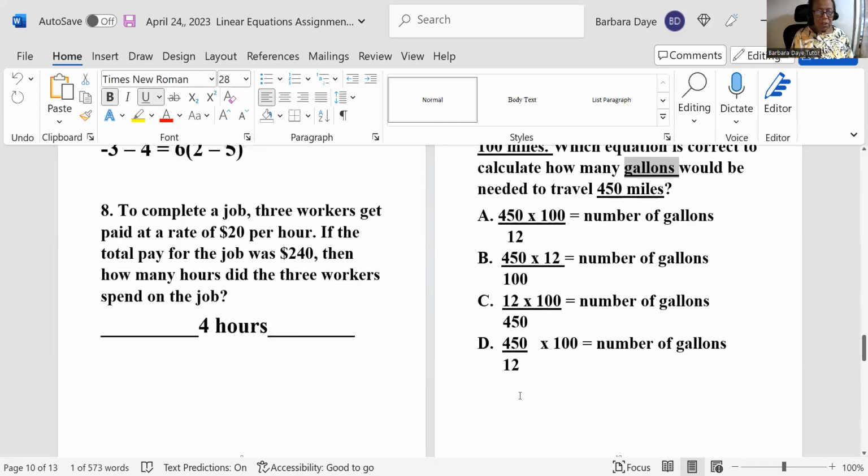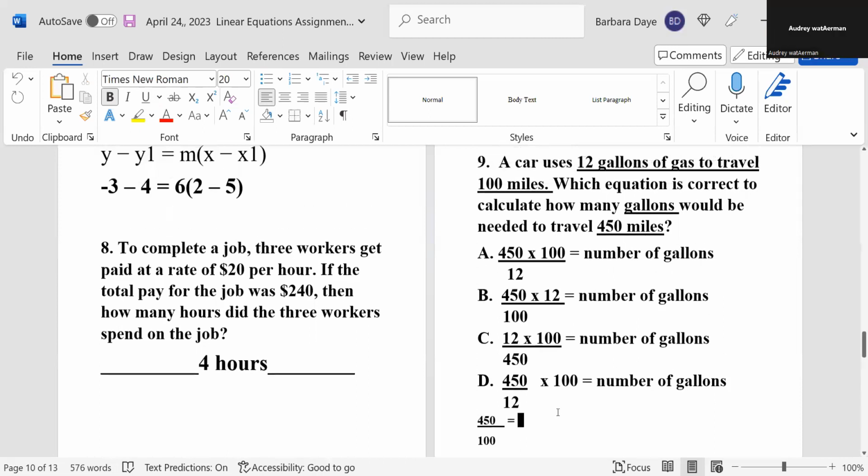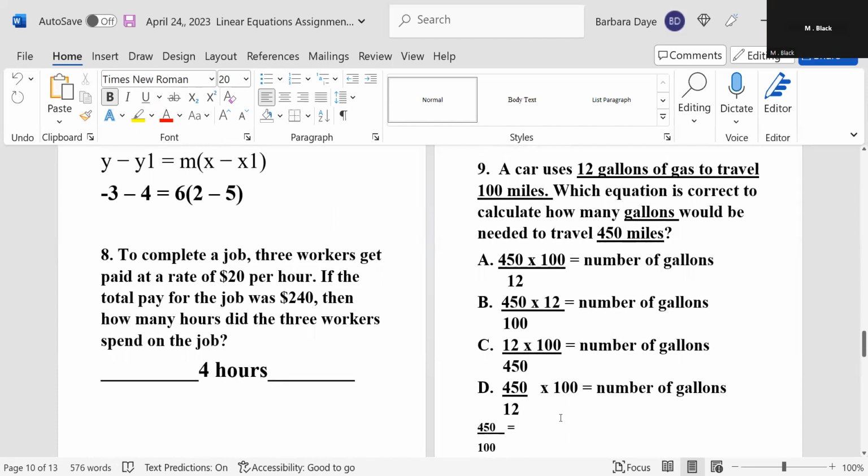Okay, you want 450 over 100. That's miles, right? Over 100. What is that equal to? For 450, you're looking for the gallons for 450. So what would that be equal to? So what's the 12 for? 450 over 100 equal what, Mercedes?